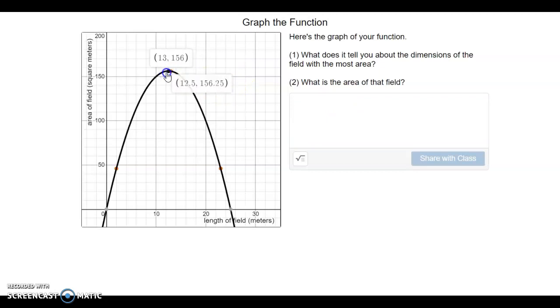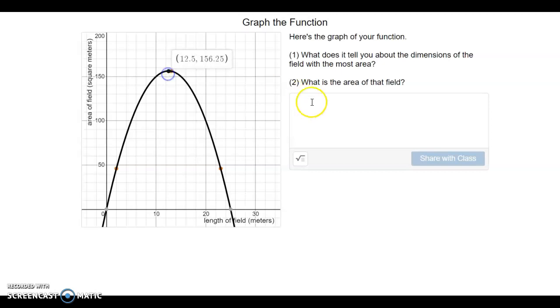So our vertex is 12.5 length and 156.25 area. So that is on average what the highest field can be is 12.5 by 12.5 for the length with an area of 156.25.